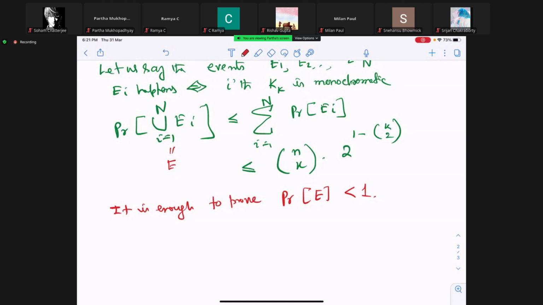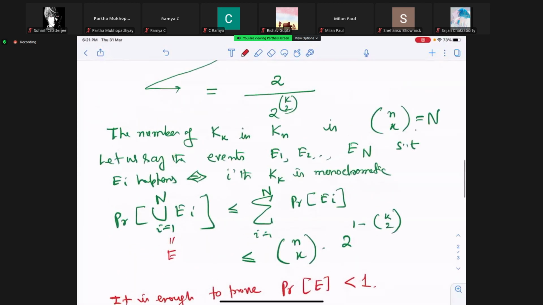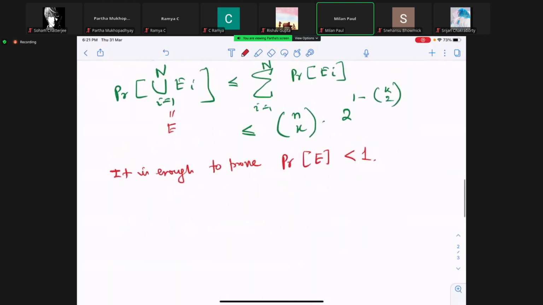That none of these, all possible k complete graphs inside that K_n, are monochromatic. That's what I want to prove, that there exists such a coloring. Are you getting the intuition? Yes, sir. Great.